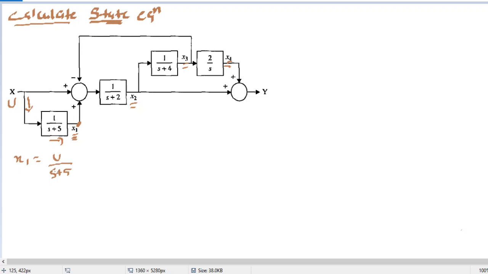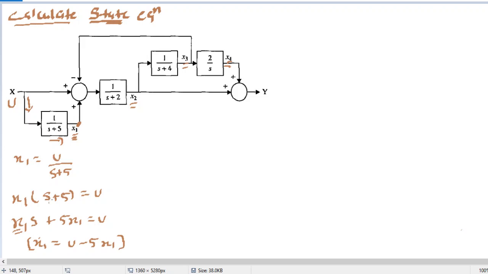Clear? Now we have to get the equation for x1, and this becomes the differential equation of x1, which we mention here like this.